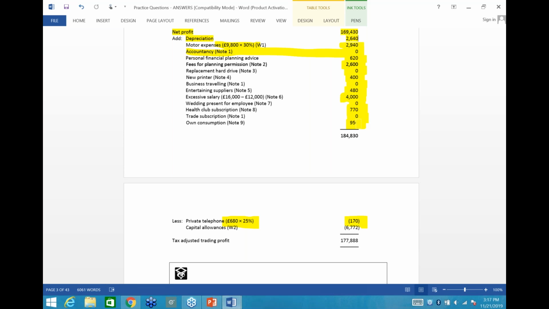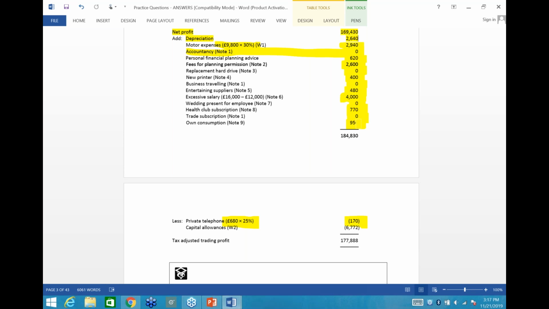Other than motor cars, on any other plant and machinery, including vans, you can claim annual investment allowance up to 200,000 pounds. If the period of account is lesser than 12 months, you need to time apportion this 200,000. Likewise, if the period of account is more than 12 months, again you need to time apportion the annual investment allowance. So that's how you have to do the computation.